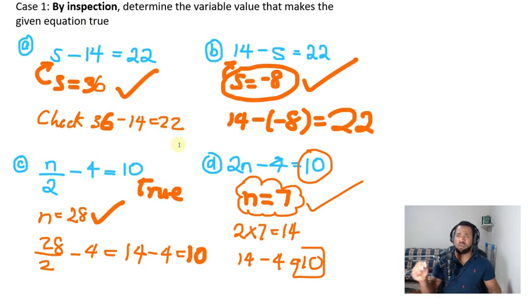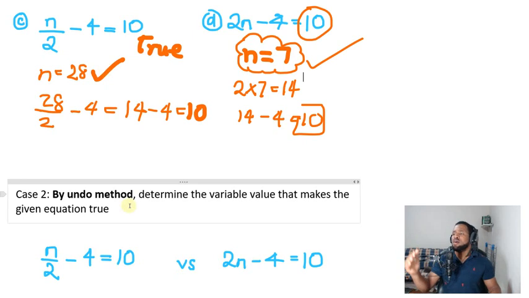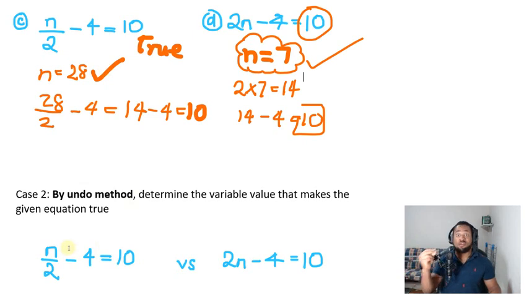In our next video, you're going to figure out how to do the undo method, in order to figure out easily, without guessing numbers, what the variable value is that makes this equation true. This setup is different from this setup right here, which is similar to what we did by inspection.